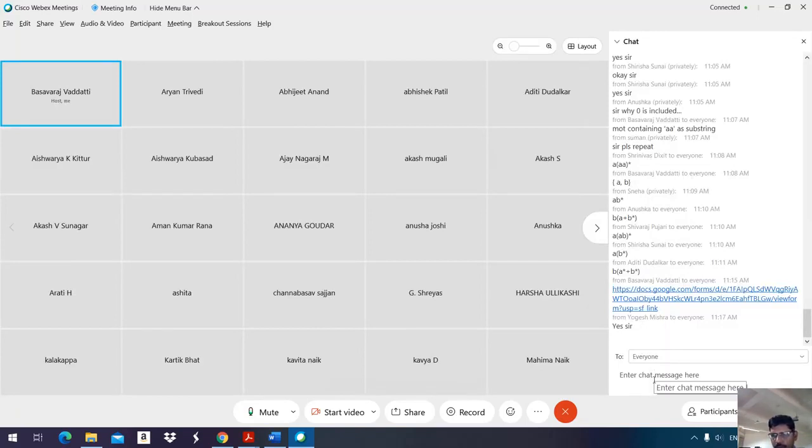If that is the case, the syllabus for your first IA is the complete first unit, and in the second unit, whatever we have discussed up to today is part of the first IA. That is regular expressions introduction, definition, and the examples of regular expressions. How to write a regular expression, and how to write an English-like description of a given regular expression. All this is a part of the first IA.